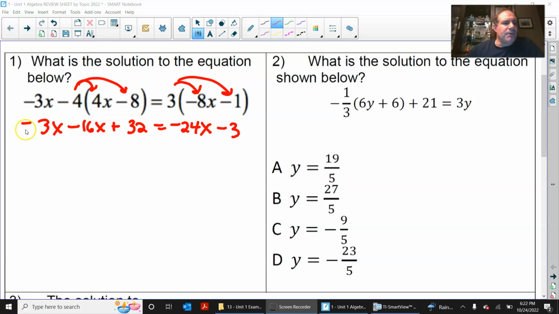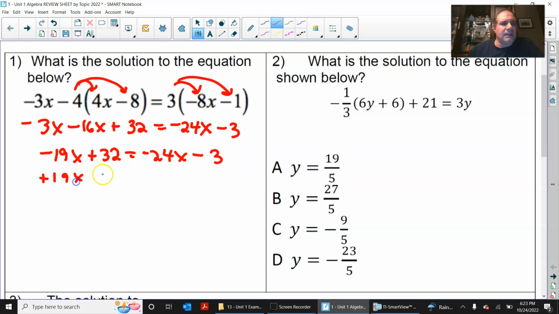You are going to combine like terms. You have negative 3x minus 16x is negative 19x plus 32, equals negative 24x minus 3. We are going to get those x's together by adding 19x on both sides.